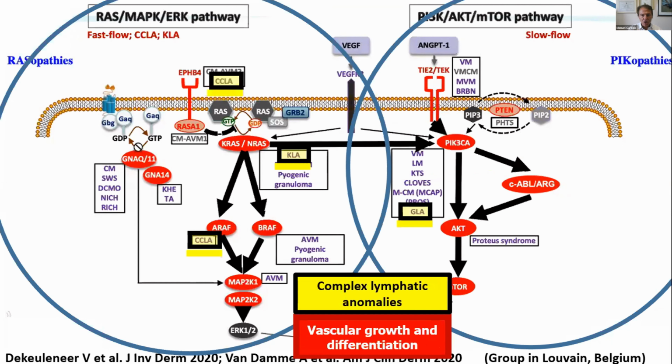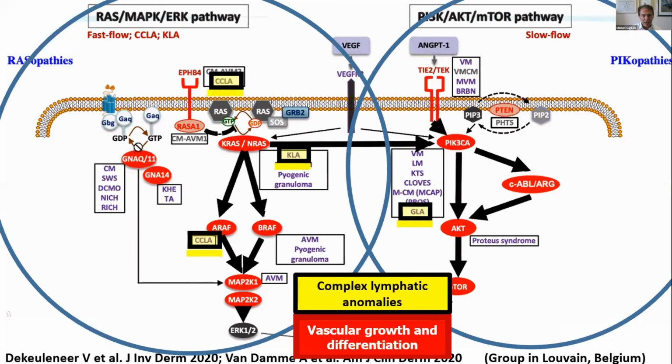Now, the genes involved in complex lymphatic anomalies, the things that I showed you before, are shown here. You can see those little black boxes with a yellow line underneath. GLA: the best understanding that we have is that it is caused by mutations in PIK3CA.